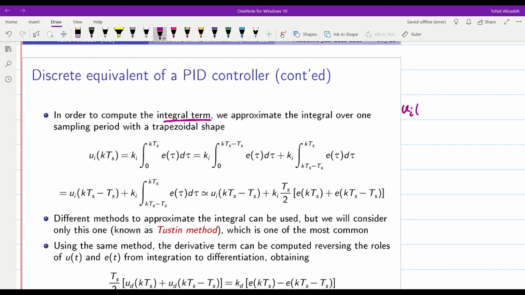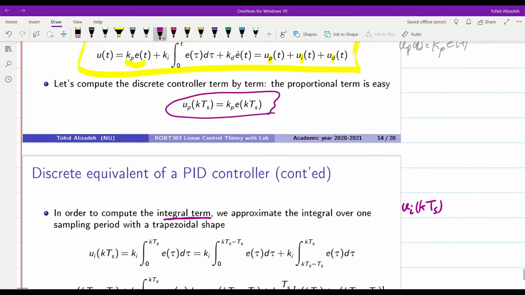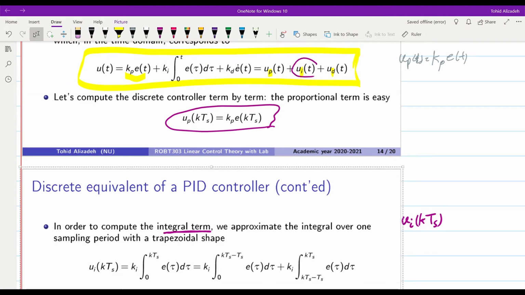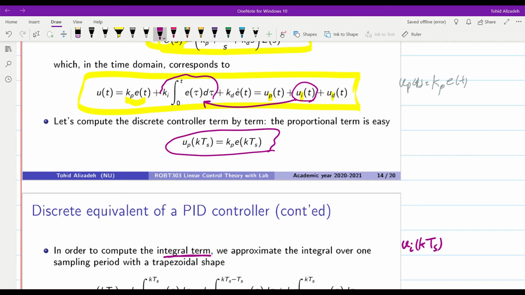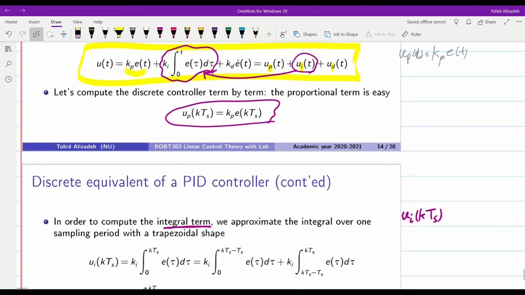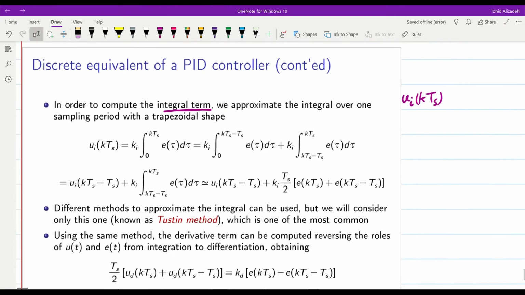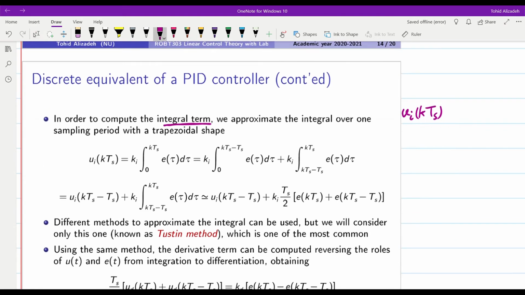ui at k Ts is what we want to obtain. We have ui(t) as shown here: Ki times the integral from 0 to t of e(tau) d tau. We will approximate the integral over one sampling period with a trapezoidal shape.